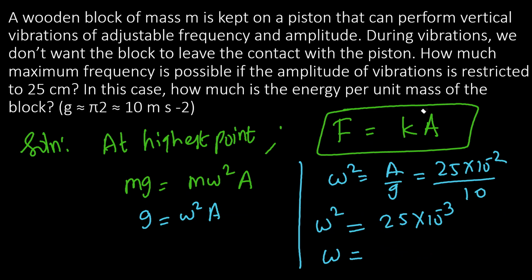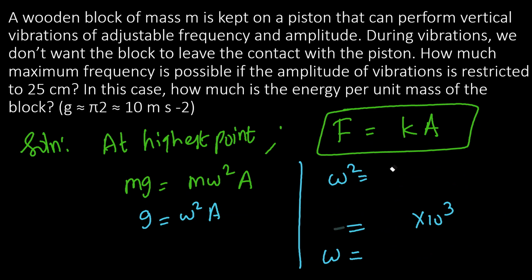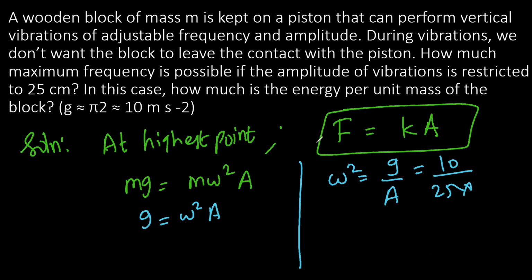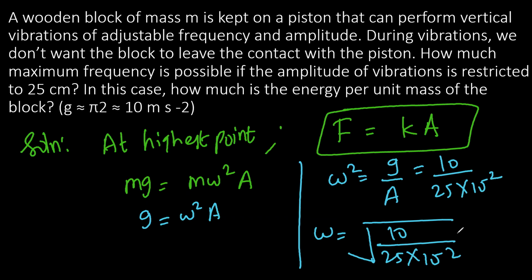Let me check. Yeah, there is one mistake. Omega square is g by A, not A by g. This is 10 upon 25 into 10 raised to minus 2. So omega is the square root of 10 divided by 25 into 10 raised to minus 2, which is square root 10 divided by 5 into 10 raised to minus 1.